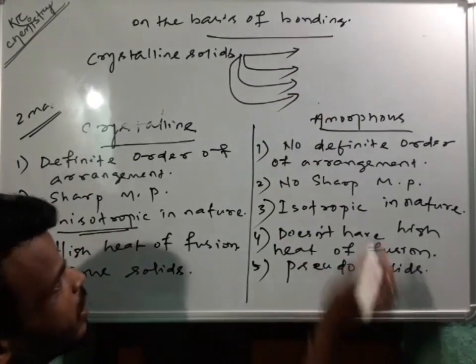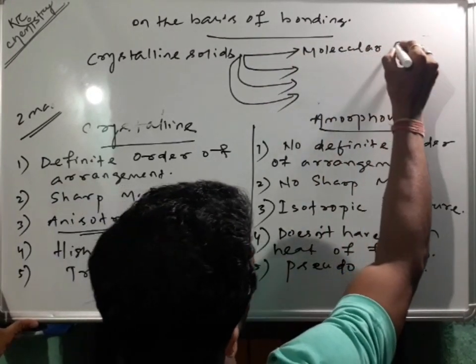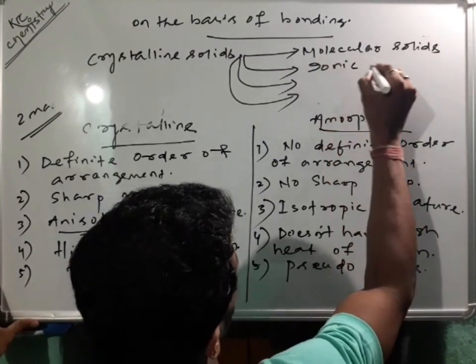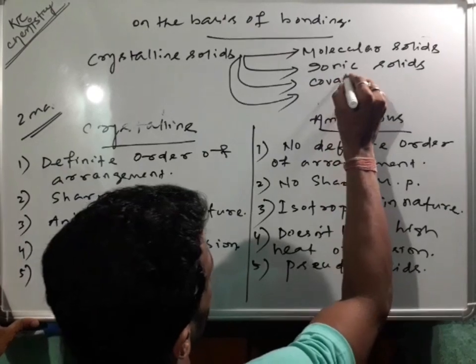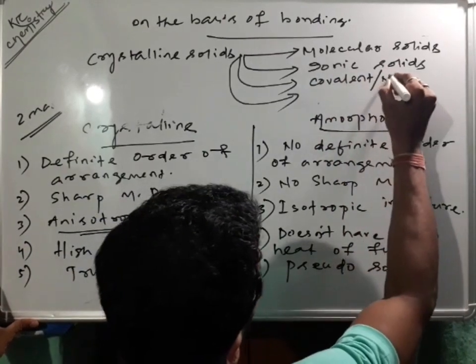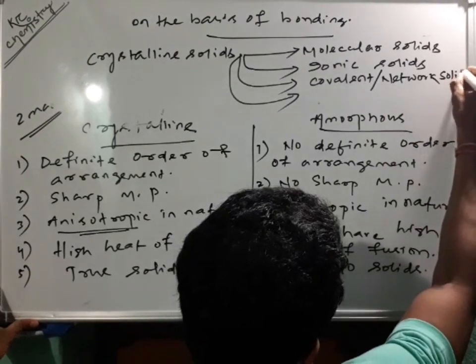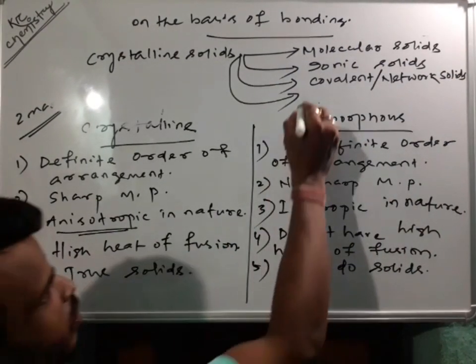What are they? One is molecular solids. Second is ionic solids. Third is covalent or network solids. And the fourth is metallic solids.